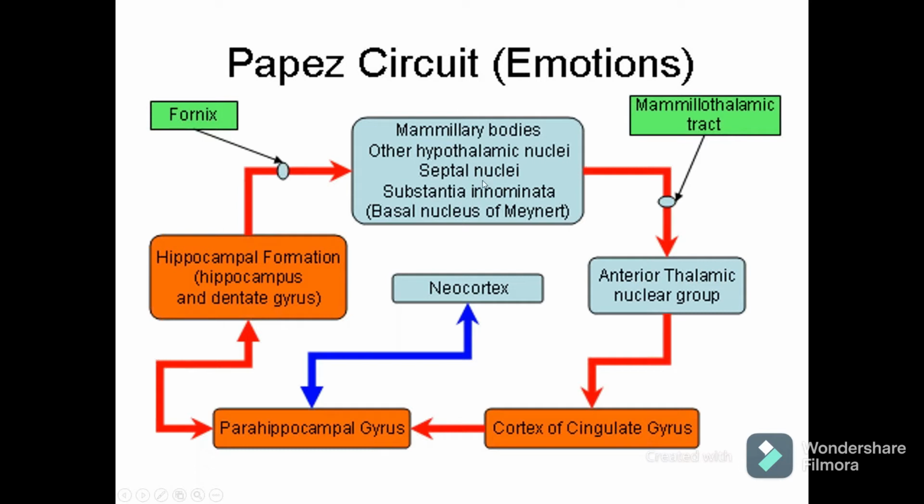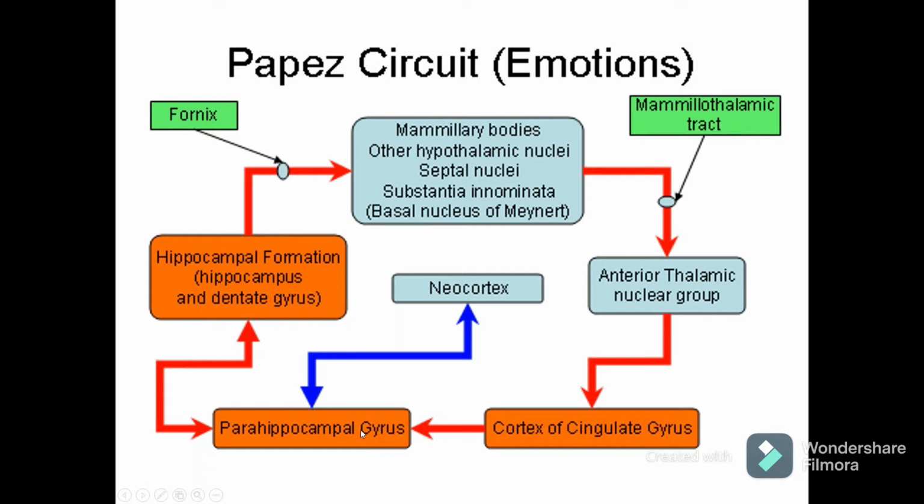Then other hypothalamic nuclei, septal nuclei, substantia innominata, that is the basal nucleus of Meynert. Then one tract goes from the mammillary body, the mammillothalamic tract, to the anterior thalamic nuclear group. And from here it will go to the cortex of the cingulate gyrus.